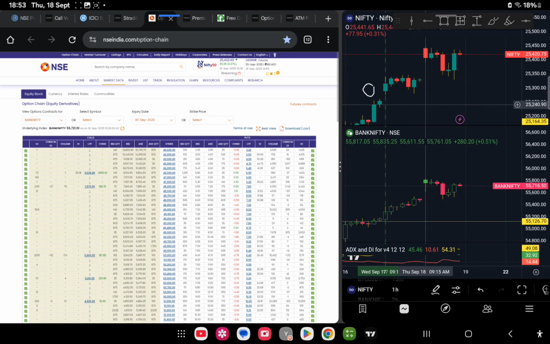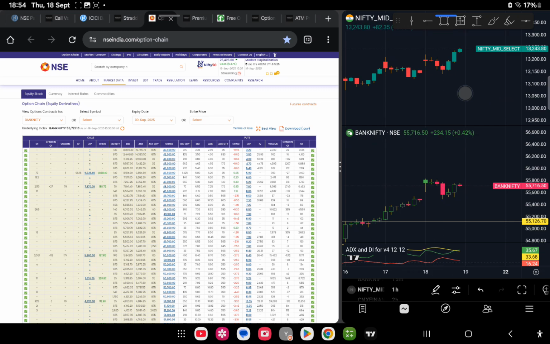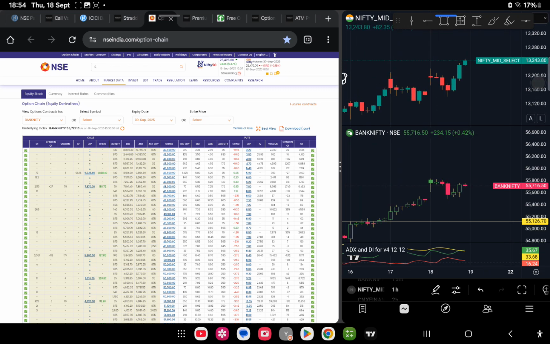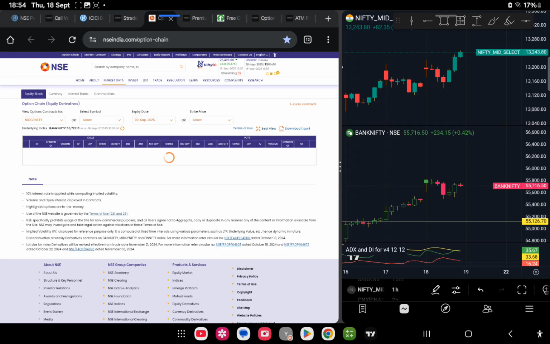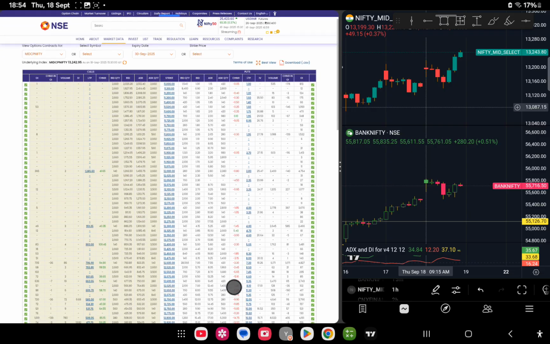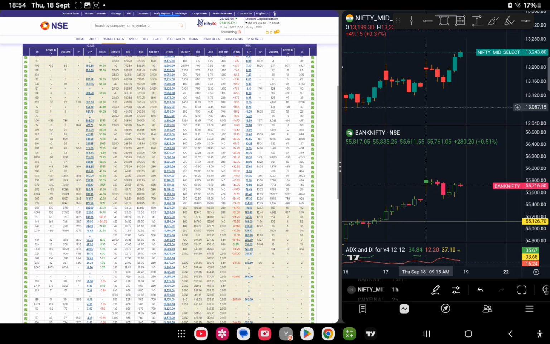Now I'll check for Midcap Nifty. Every time I'm taking the 1 hour candle so that you will get a better idea of what happened on the previous day and what's happening today. Midcap Nifty, when you check for open, is 13,200. So here is 200 open.